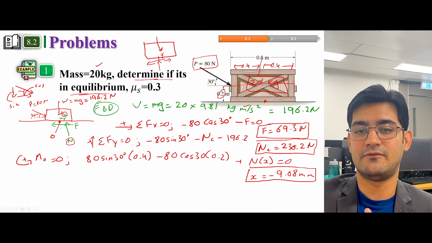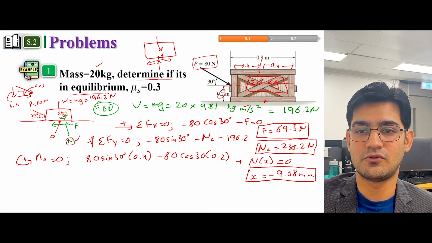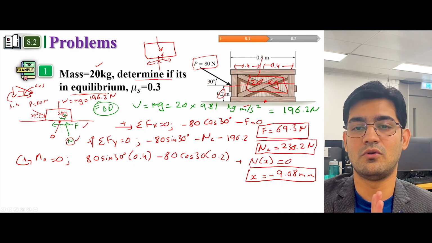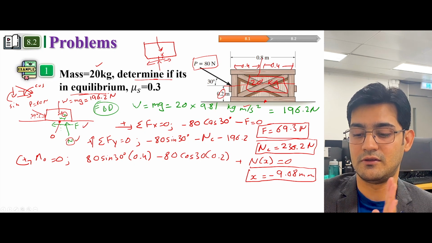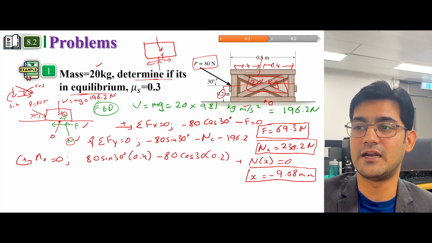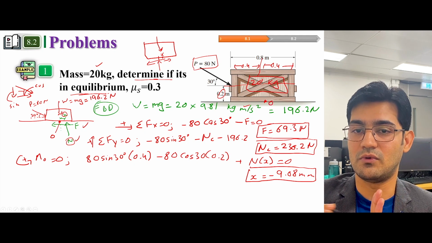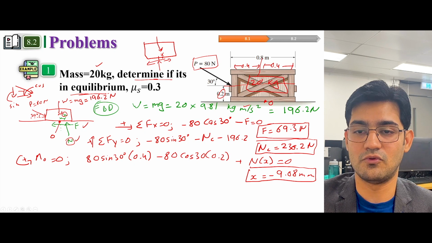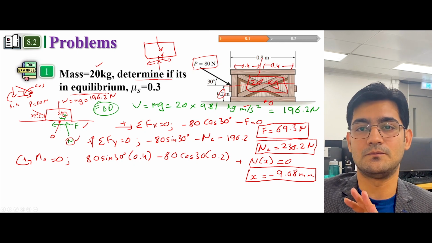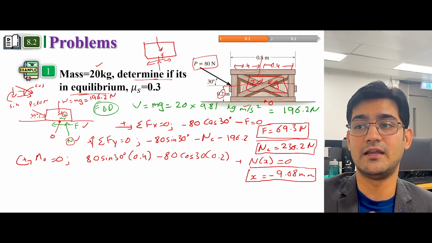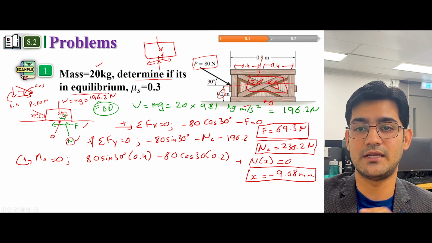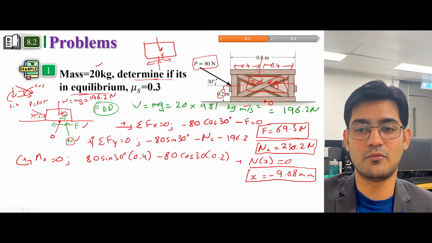So now we have the normal force, the frictional force, and we know at which distance from the center of gravity, or from the central point which we indicated as point O, the normal force is acting. Now we were interested in calculating whether this whole system is in equilibrium or not.